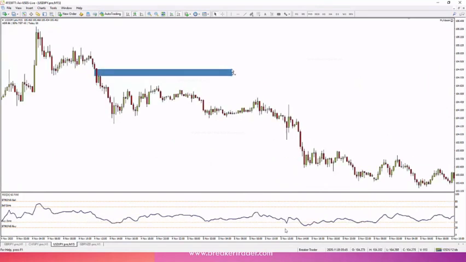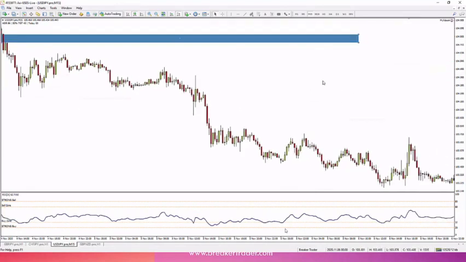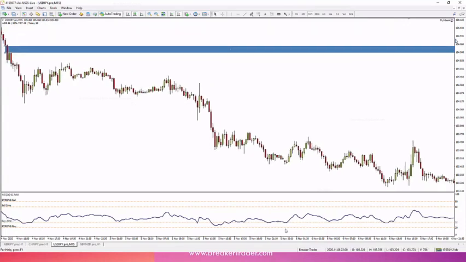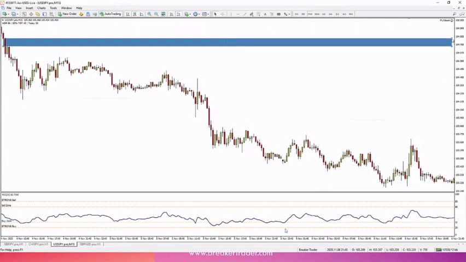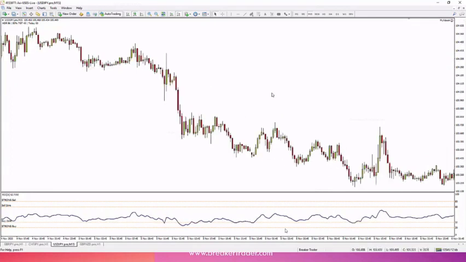Let me extend this out so that we can see. Let's go out a bit further. So that's where the inefficiency is, around about there.